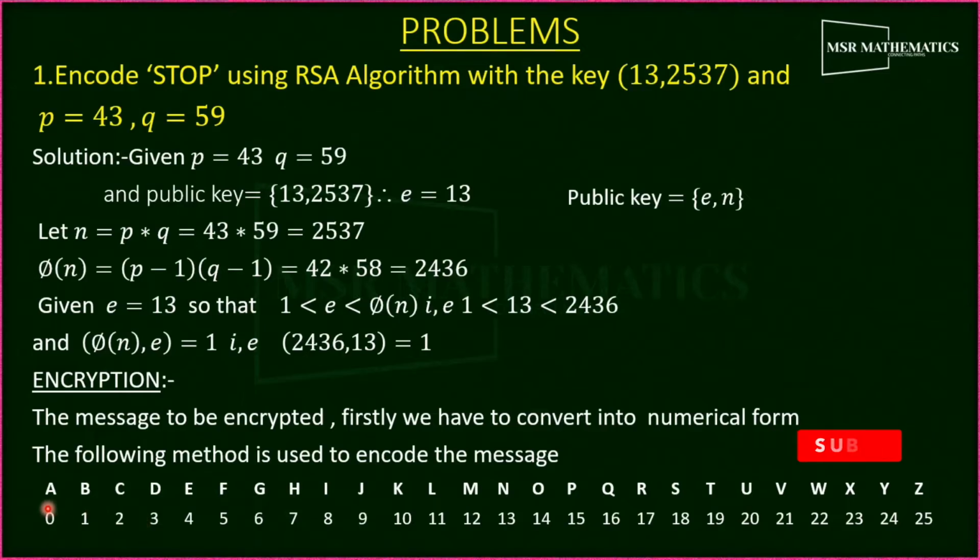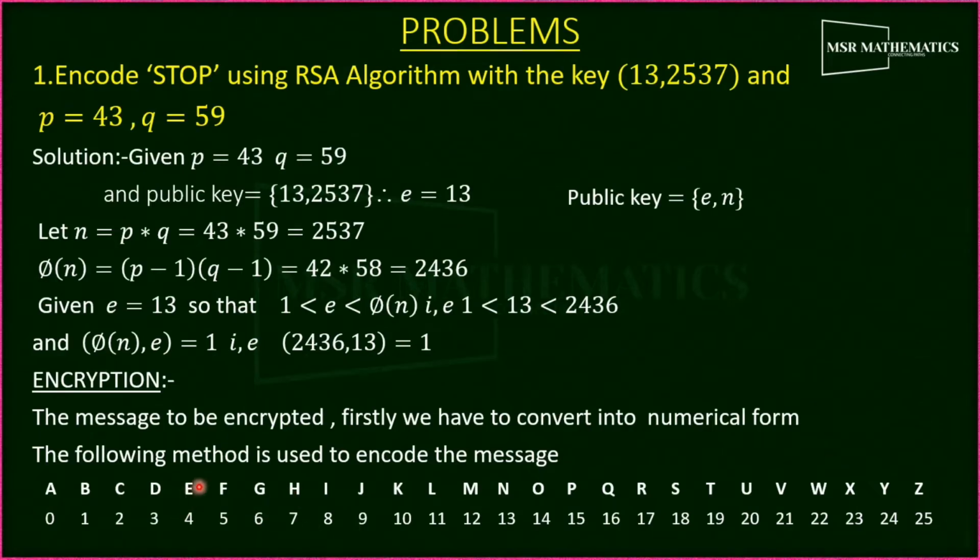Here the alphabets from A to Z are written as numbers from 0 to 25. We assign A as 0, B as 1, C as 2, D as 3, E as 4 and so on, X as 23, Y as 24 and Z as 25. This is the numerical form we use to encrypt the message.